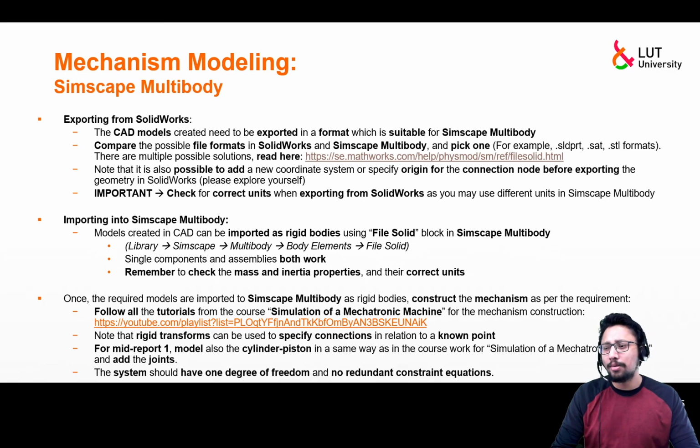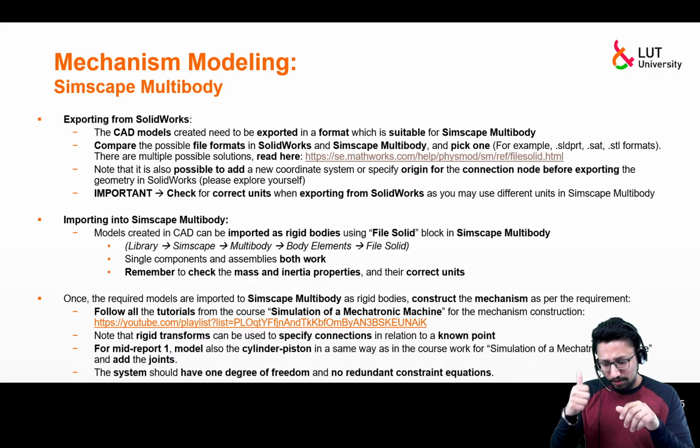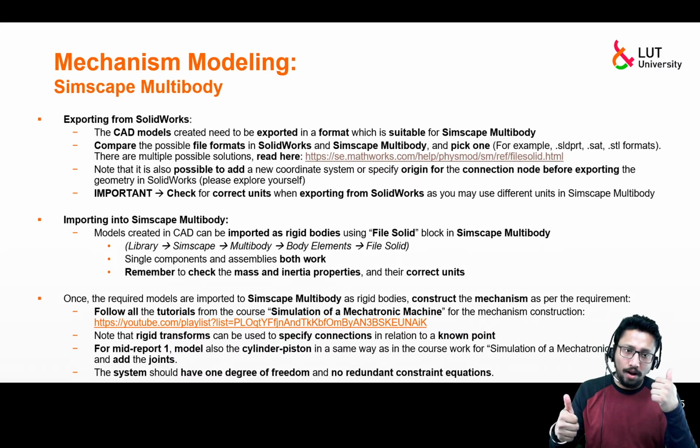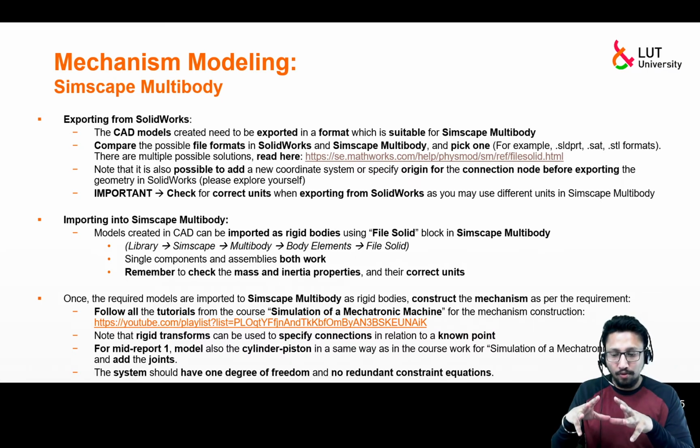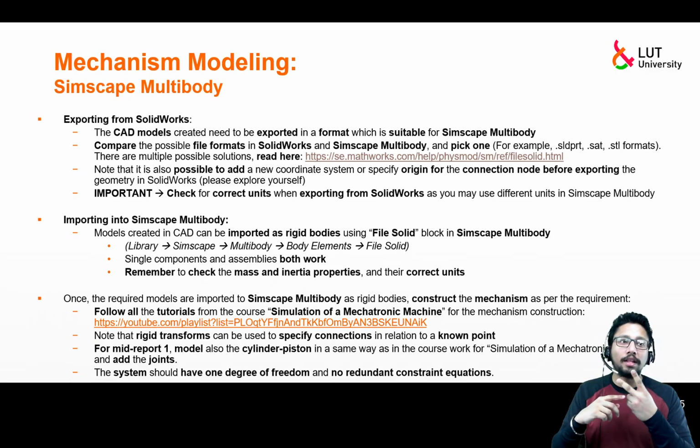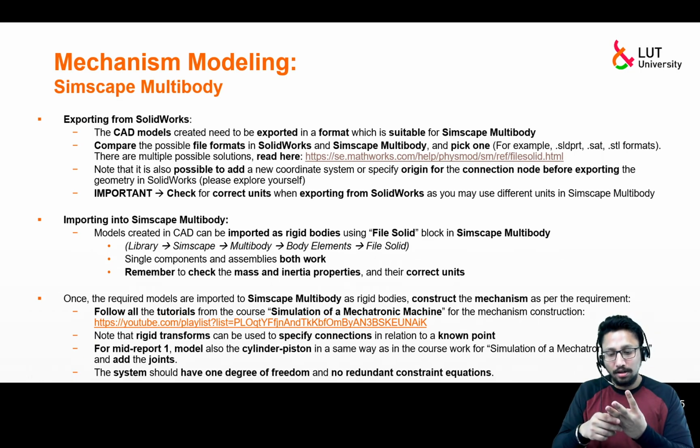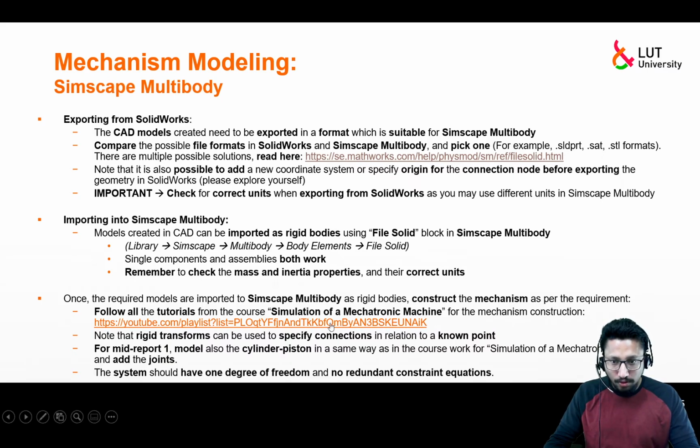I think it's a 4-bar mechanism, though there are overall 5 bodies involved, but the 4-bar mechanism still holds. We have a pillar, a lift arm, a cylinder, and a piston. About the cylinder and piston, you can model them using rigid solid block elements in Simscape. Follow the tutorials from the previous course.